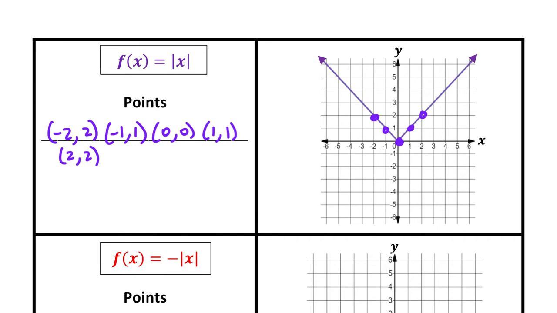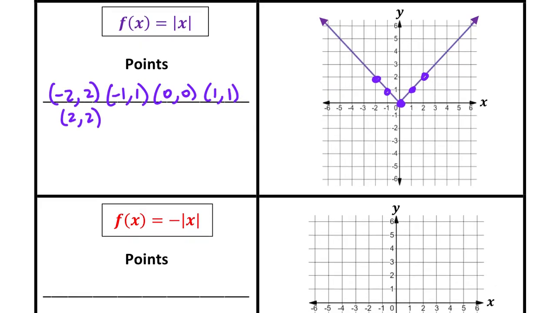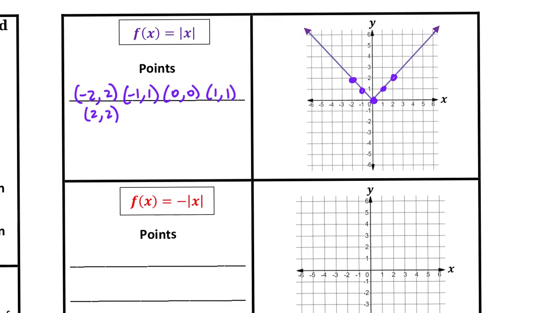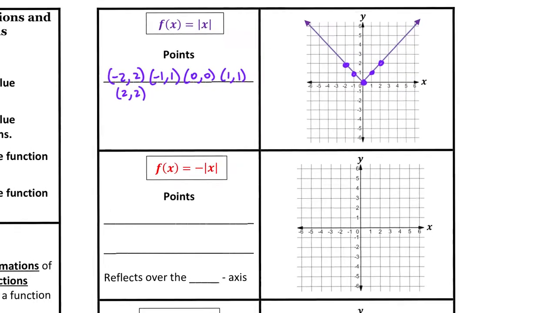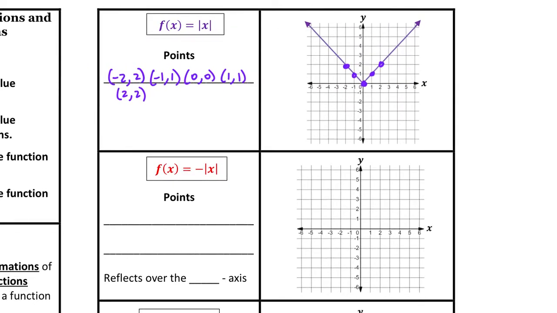And the next thing is looking at the one underneath. Let me zoom out a little bit more just so it fits in the page. So we have reflection over, and then we have to decide which axis.